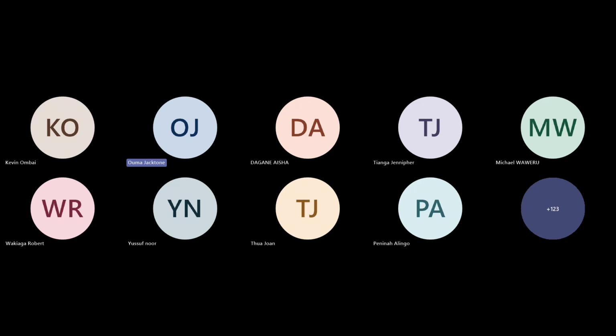How does that happen? You will get a question in an exam, and you're being told that Michael Waweru has this case, Jackton has this case, and this suit is supposed to proceed to a pre-trial conference.